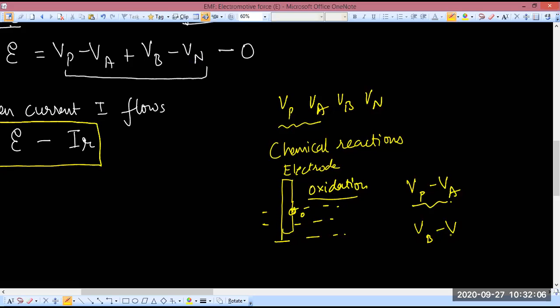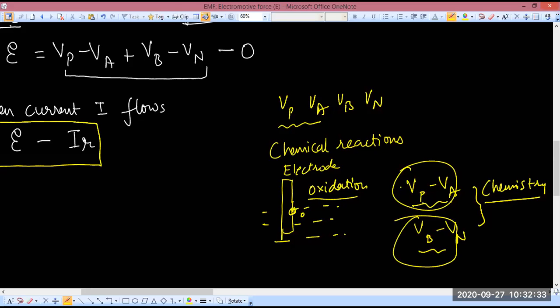So these two depend only on chemistry and on nothing else, that is, what reaction is going on. Like I said, you're going to study it in a lot more detail in the electrochemistry chapter, but I think here this is enough, that these differences don't depend on anything else. Whatever the battery is made up of, it's fixed, it only depends on that.